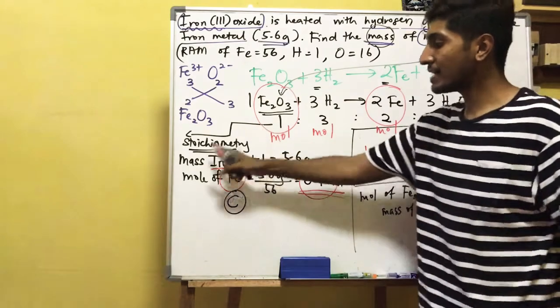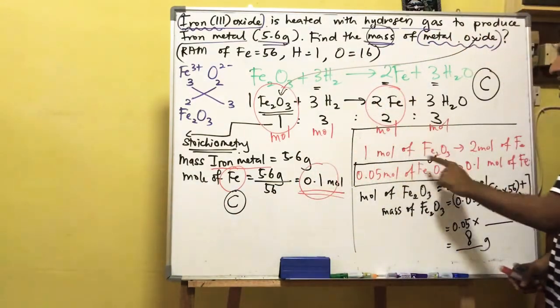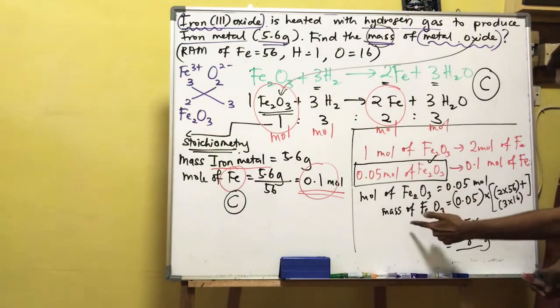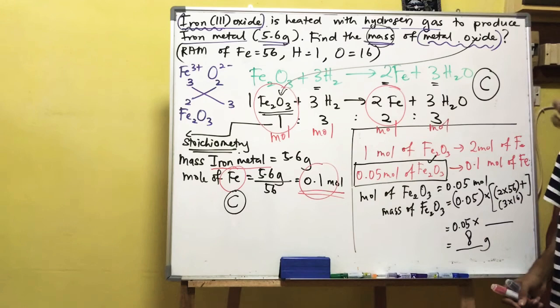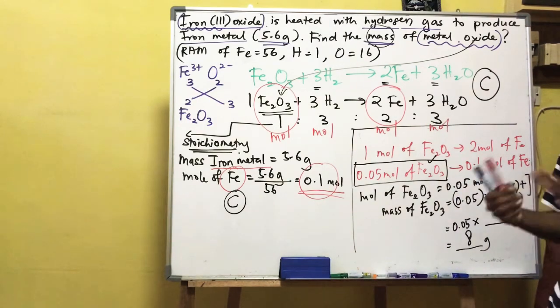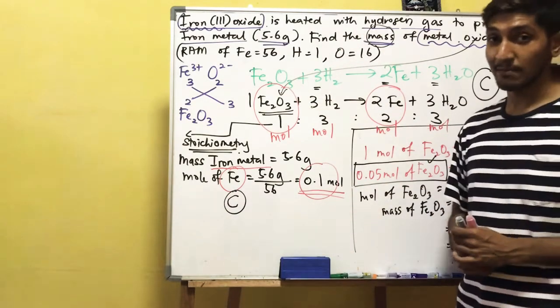Yang kedua, pengiraan mol untuk apa-apa bahan yang dia dah bagi. Yang ketiga, perbandingan. Dan yang keempat, kiralah apa yang dia nak. Dalam kes ini mass, mungkin boleh jadi volume, mungkin boleh jadi mol, mungkin boleh jadi bilangan zarah. So itu, pengiraan itu kita boleh tengok di video yang sebelum ini.